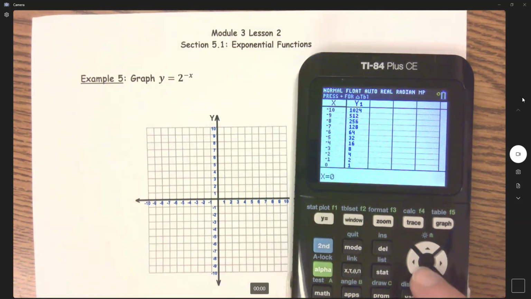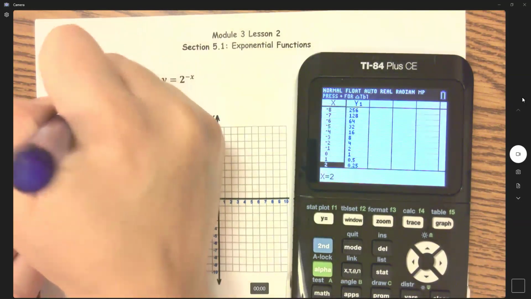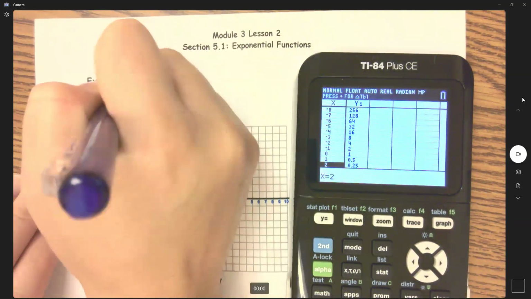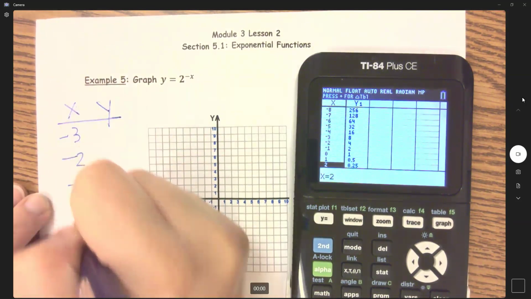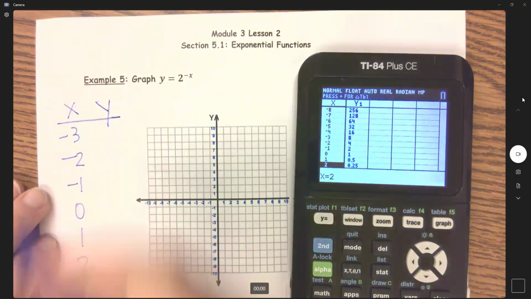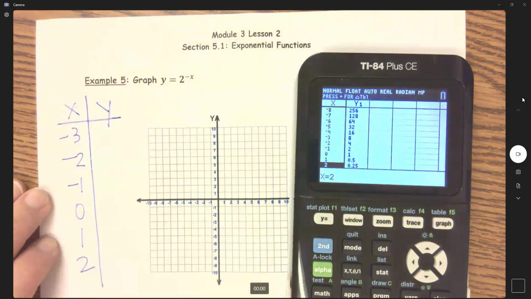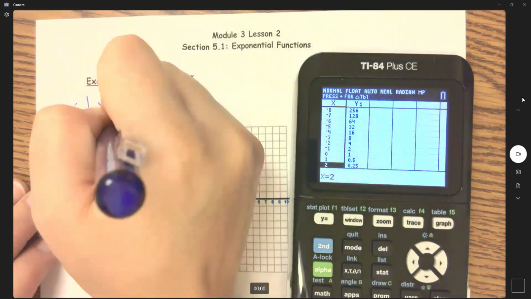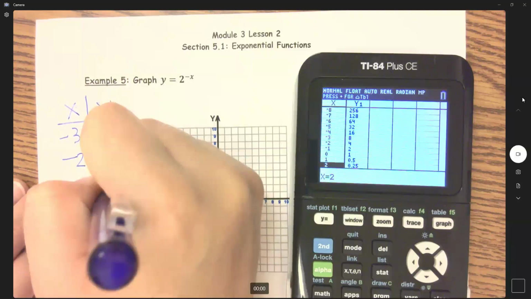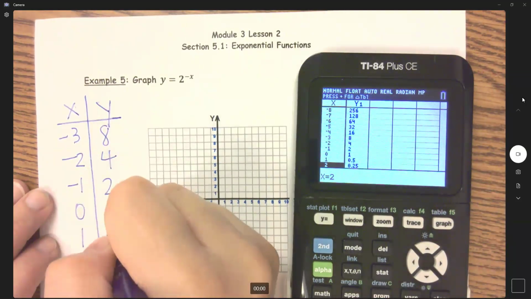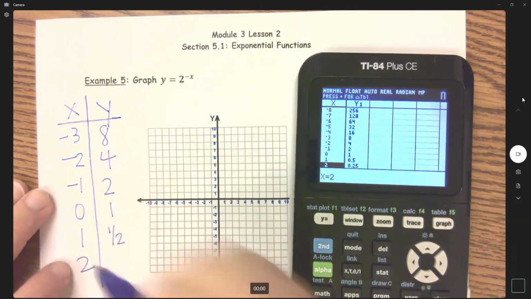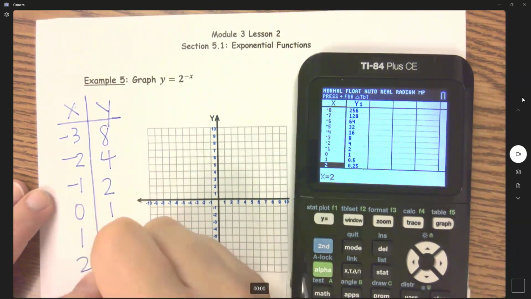So I'm going to go negative 3 to 2. And then what are my y values here? We have 8, 4, 2, 1. I'm going to write that 0.5 as a 1/2, and then my 0.25 as a 1/4.